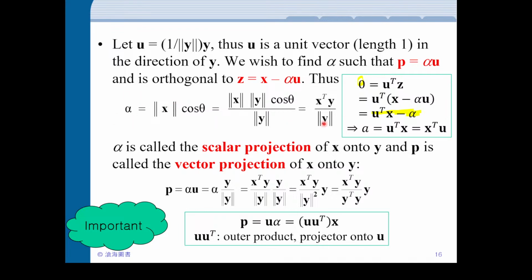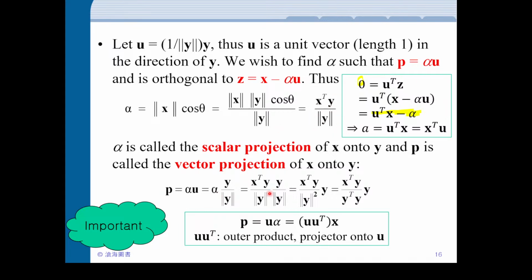And so alpha is a scalar projection, and we can also have the vector projection. Then you just multiply alpha back with this u. So p is alpha times u, and u is y divided by the length of y, and then you can have a quite complicated formula for p in terms of the inner product between x, y, and the length of y.